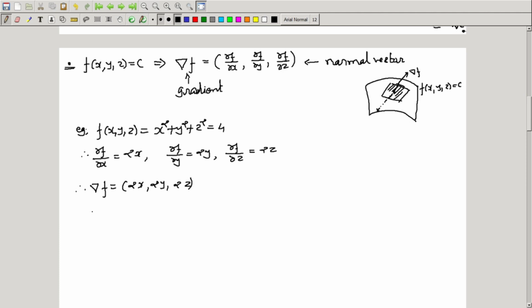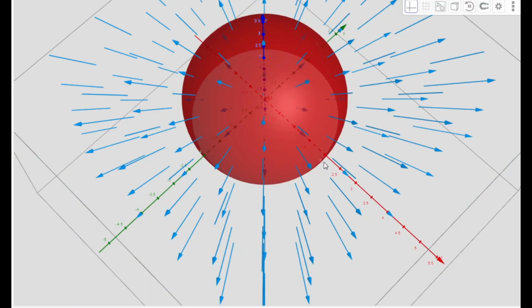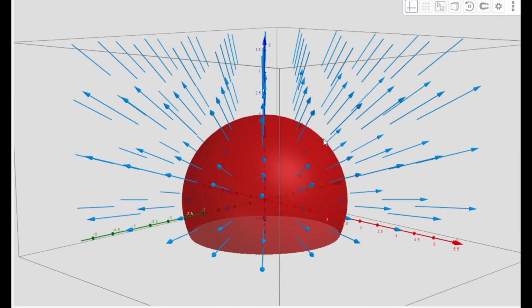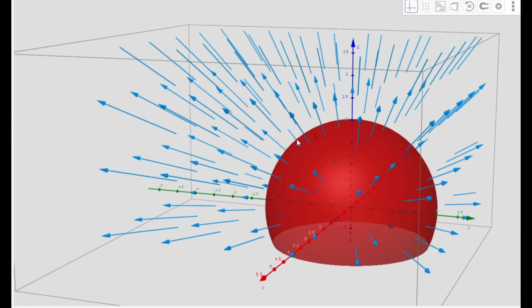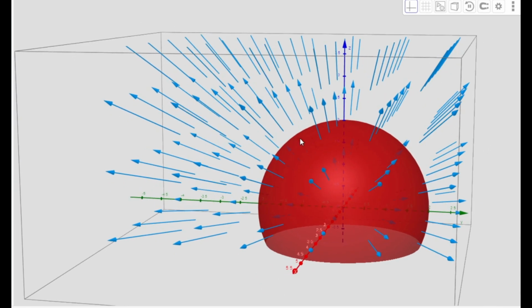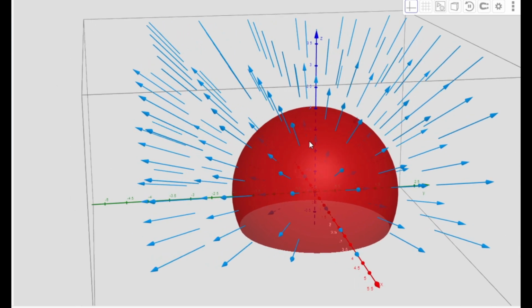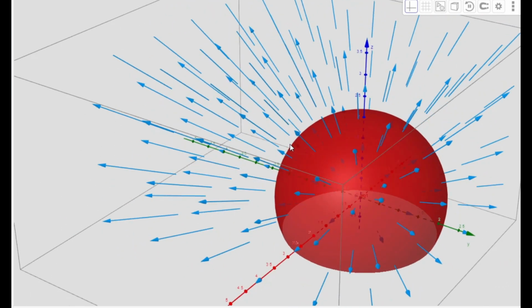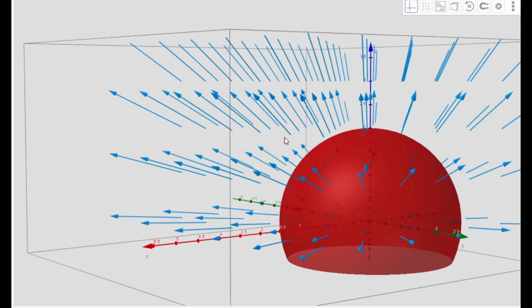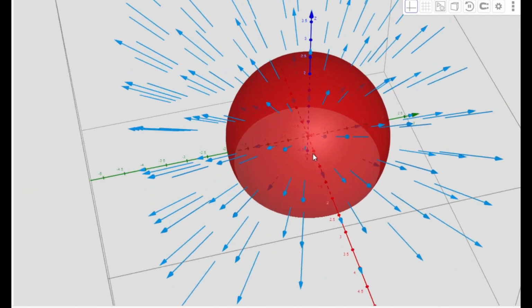Now suppose I fix the point 1, 1, 1, then the gradient at the point 1, 1, 1 is 2, 2, 2. See, this is the sphere, and the blue colored vectors represent the normal vector at a particular point. So now can you feel that they are perpendicular to the surface? Can you visualize it?